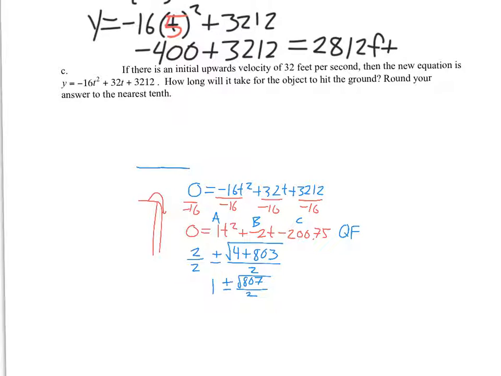The big issue here is that the negative answer would give you a negative time value, so that doesn't make sense. Sometimes it's better to get these as decimals, so 1 plus square root of 807, and then divide by 2. That's going to be 15.203 seconds.